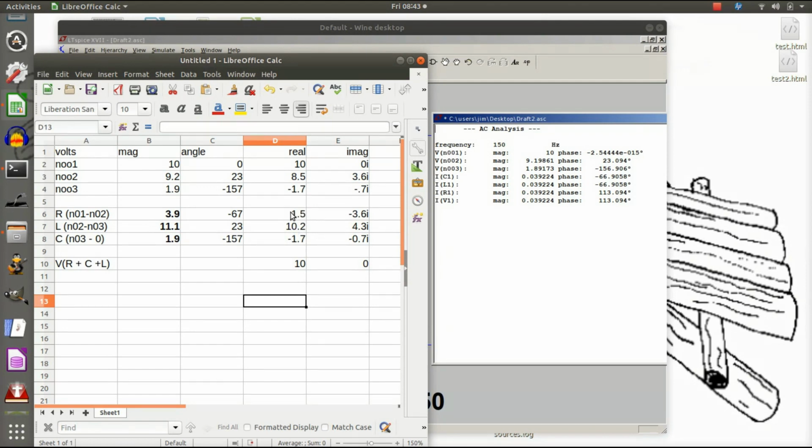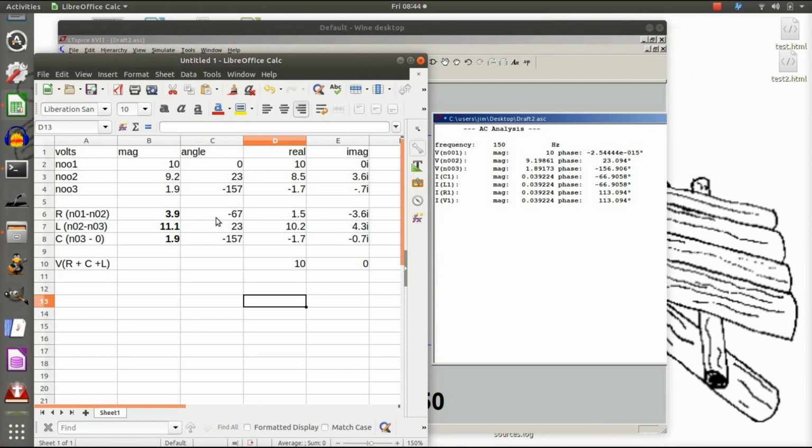So I've got my R, I've got my L, and my C I get directly because one side of that was already ground, so that was the easy part. So then I can take those and go back to my polar form. And again, that's just what I had to start with. It converts back nicely. The 1.5 minus 3.6i converts to 3.9 at an angle of minus 67. So that would be the voltage.